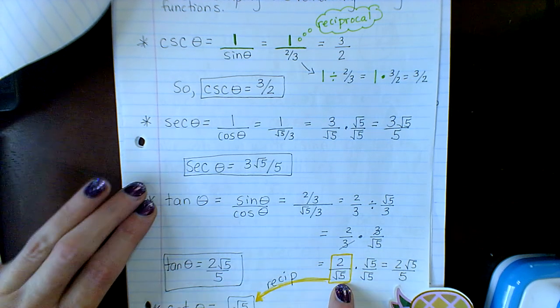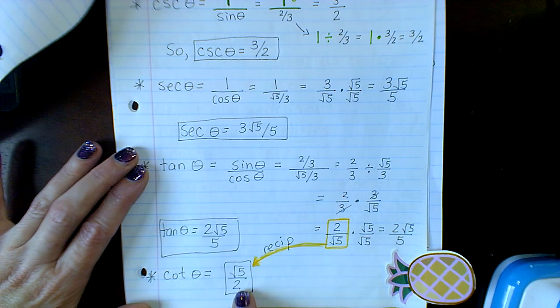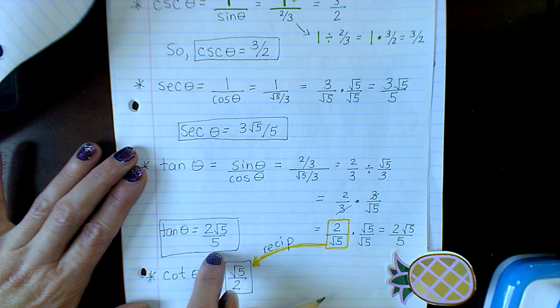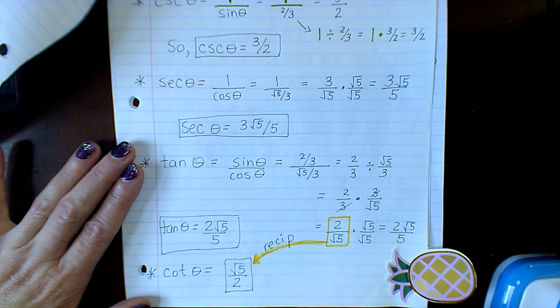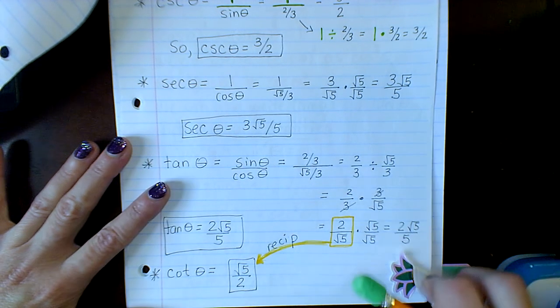So I took this because I knew that when I flipped it, I'd get root 5 on top, 2 on the bottom. If I had chosen to flip this one, do you know what would happen? I'd get a root 5 in the denominator, and then I'd have to rationalize it by multiplying by root 5 over root 5, and then I'd have to reduce, and guess what I would get? Root 5 over 2. So you could use any of these along the way to help you.